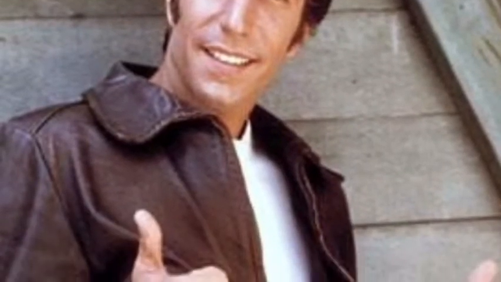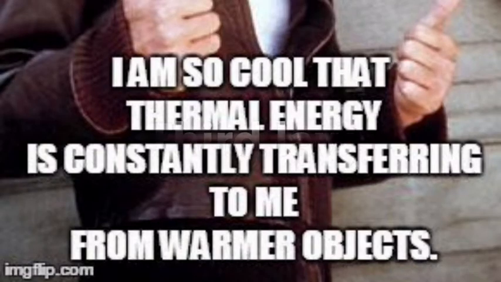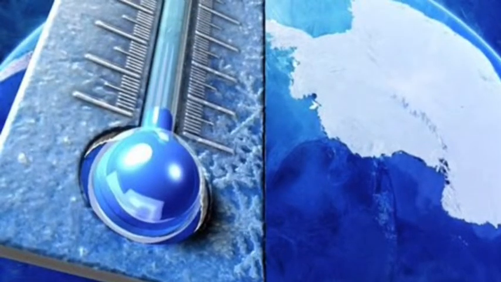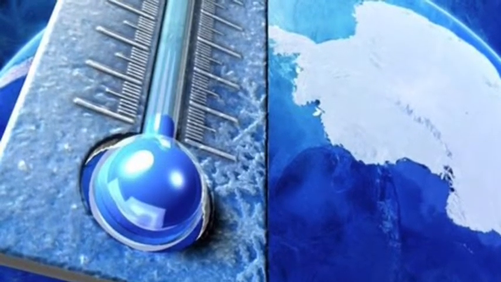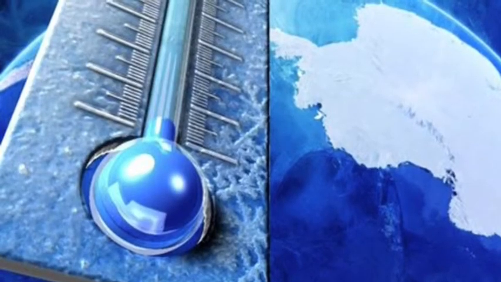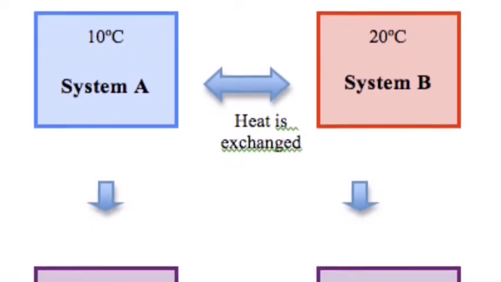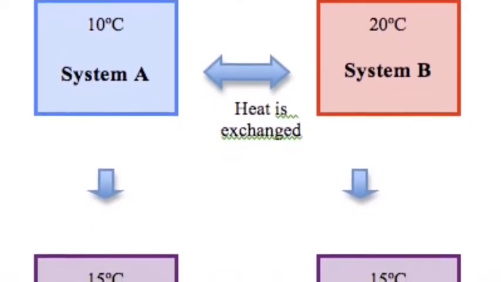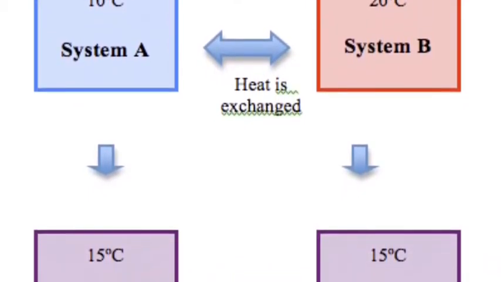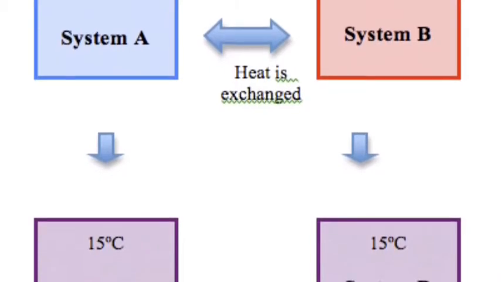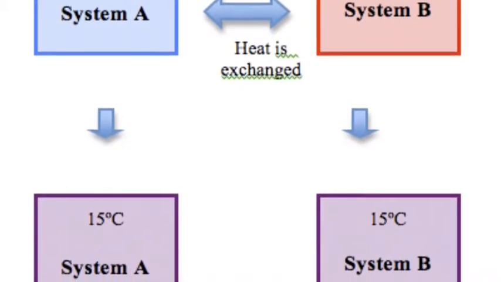The third law of thermodynamics states that the entropy of a perfect crystal is zero when the temperature of the crystal is equal to absolute zero, 0 Kelvin. The crystal must be perfect, or else there will be some inherent disorder. This is connected to the statement of how thermal energy cannot be spontaneously transferred from a cold to a hot body, but instead will go from a hot to a cold body naturally, which relates to what the third law wants to state, that nothing will get to absolute zero or 0 Kelvin.